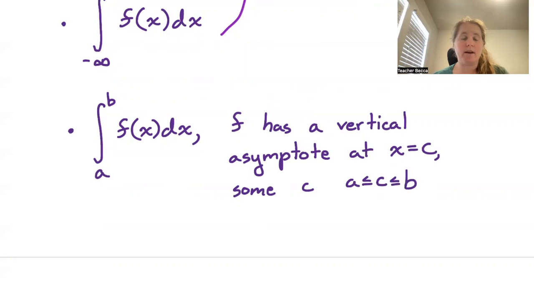C can be one of the endpoints. It could be that the vertical asymptote is at one of the endpoints, or it could be that the vertical asymptote is somewhere in between.